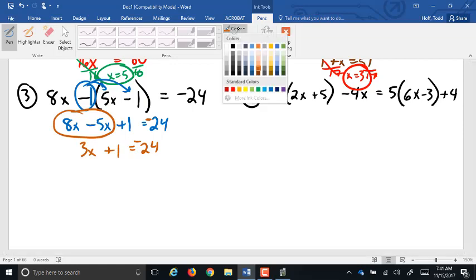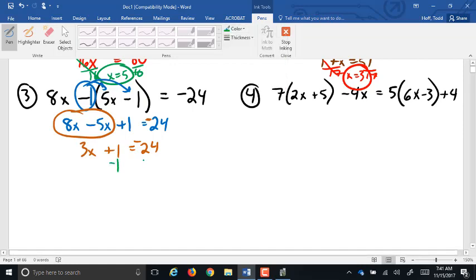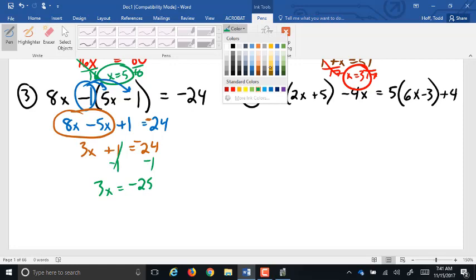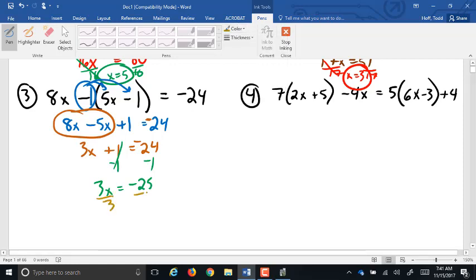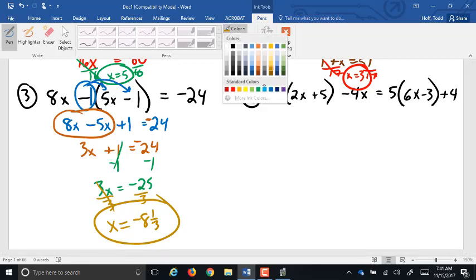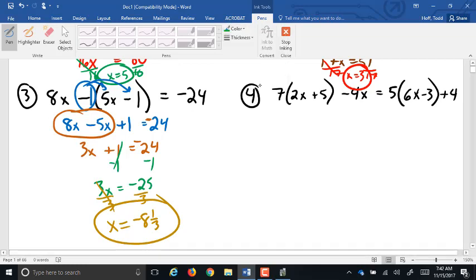Equals negative 24. And then subtract 1. 3x equals negative 25. Divide by 3. X equals negative 8 1/3. Questions there?